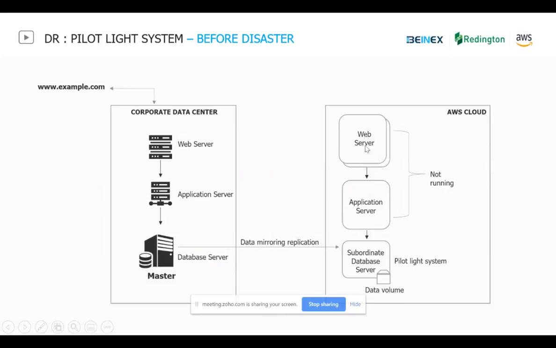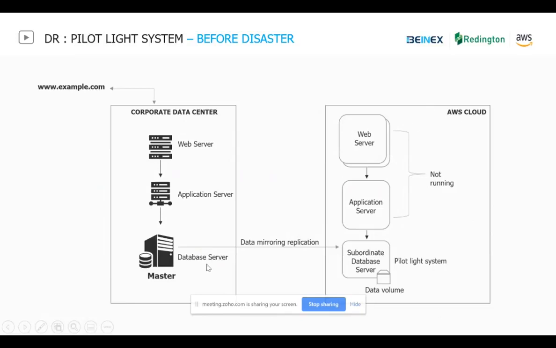You have a similar infra setup on the AWS cloud as well, and these instances are not running at this point because all the clients are being served from your primary data center.